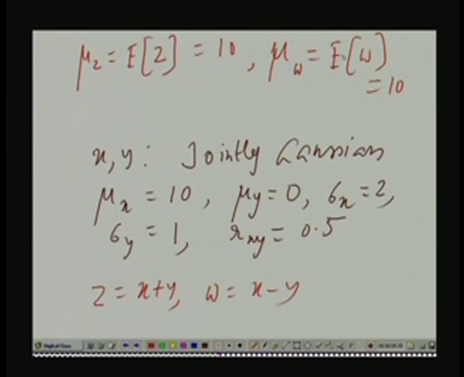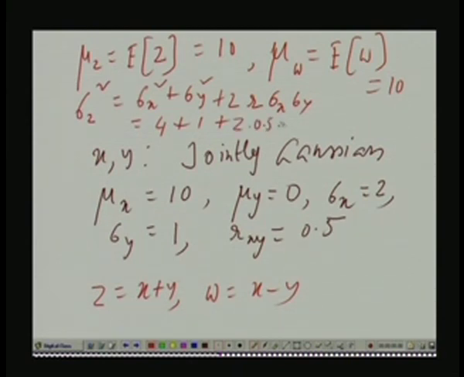So these two moments are done. Then what is sigma z square? We had already seen earlier that if x and y are added, the corresponding variance is sigma x square plus sigma y square plus twice r sigma x sigma y. Sigma x square is 4, sigma y square is 1, and twice r is r x y, so 2 into 0.5 into sigma x 2, sigma y 1. So 4 and 5 and then 2, so it is 7.